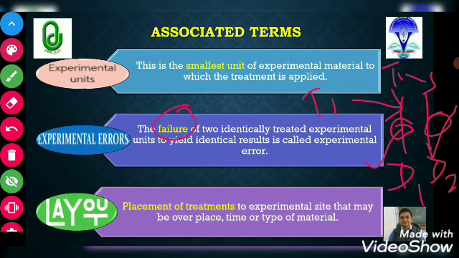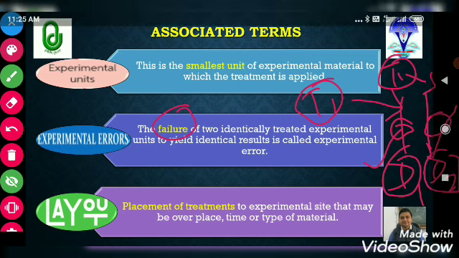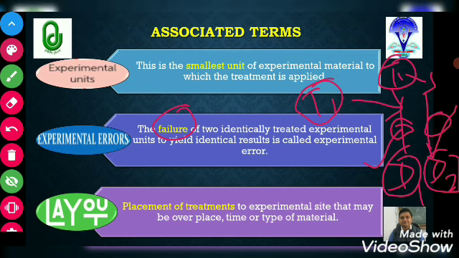So what may be the reason? The reason is unknown, because you applied the same treatment, and the dogs were of the same age, sex, breed, and the disease was also the same. So what went wrong? There may be something which is causing the difference, and that something is called experimental error.